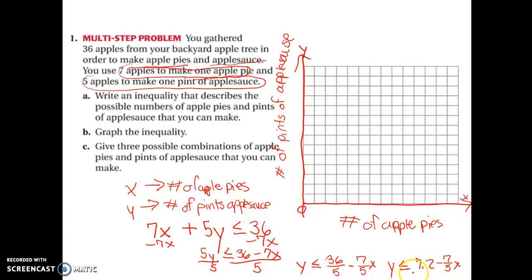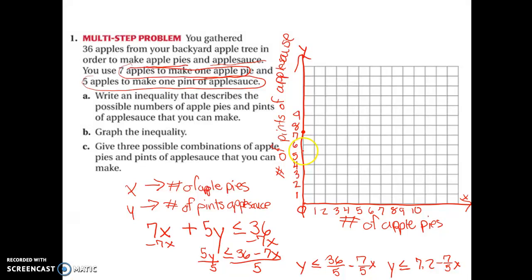So if my y-intercept is 7.2, I don't have to count too high. So I'm going to count by ones. Okay, so I have to estimate the 7.2 for the y-intercept. And then when I'm using the slope, I don't have another value, so I need to be very careful as I go down 7 and right 5.